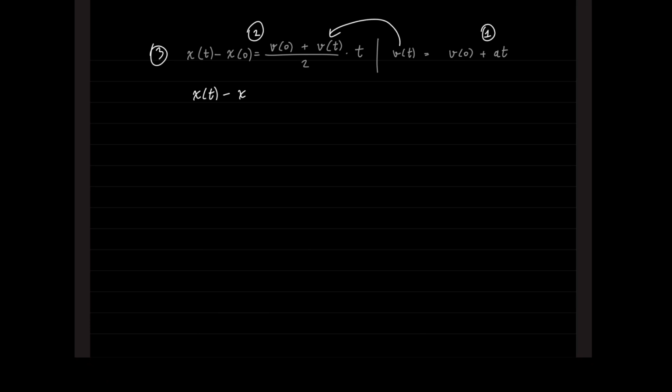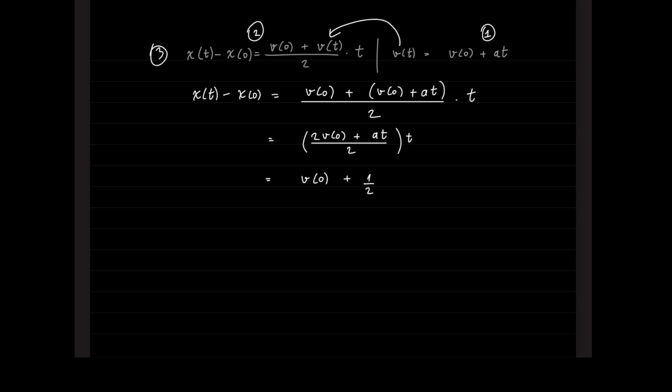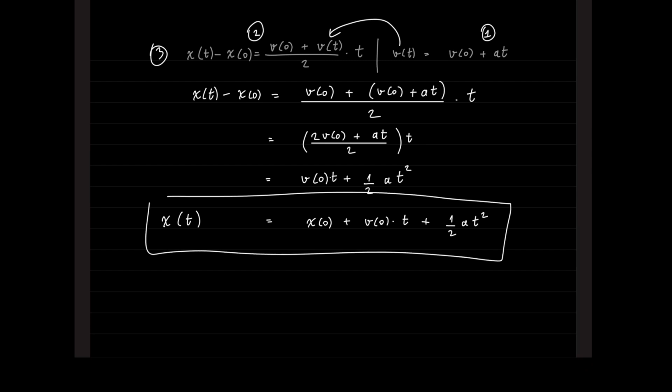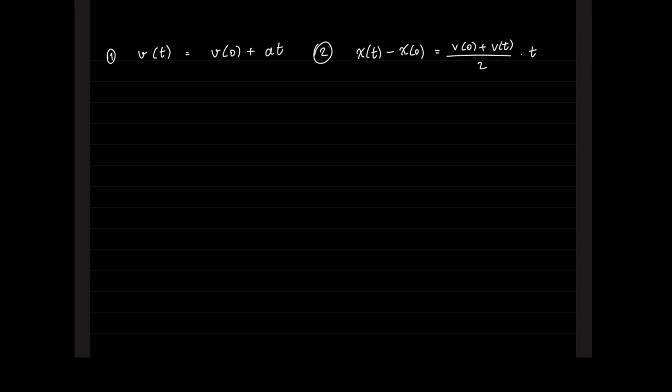Let's move on to the third equation. These are the first and the second equation. Let's try substituting the velocity from here. This is our third equation. Again, from our first equation, we can manipulate some stuff.